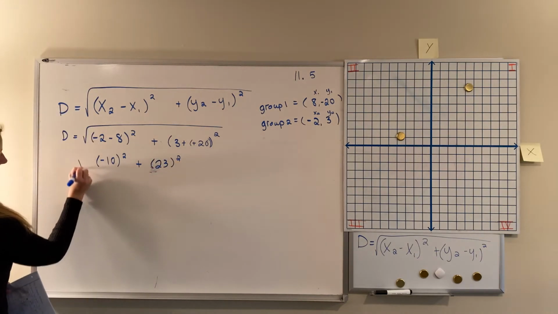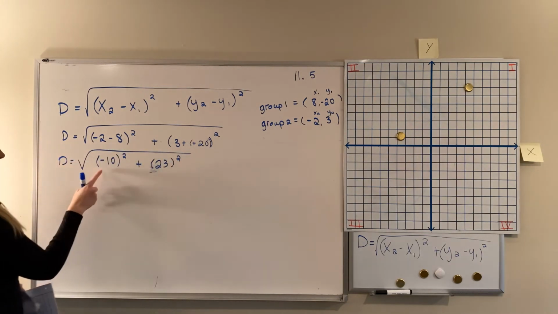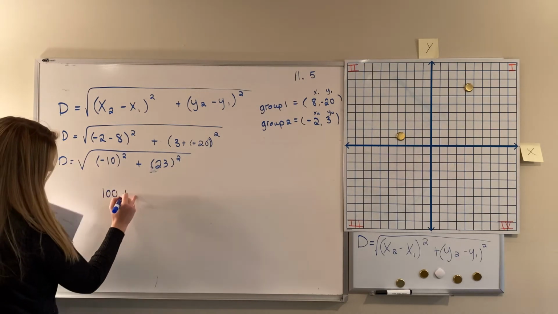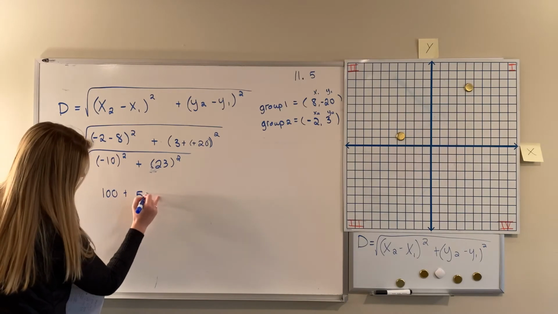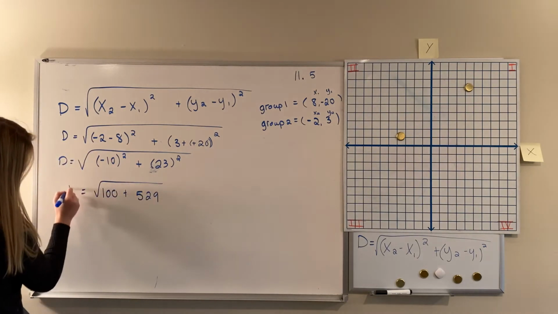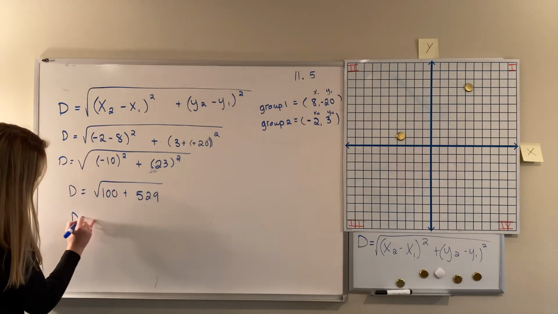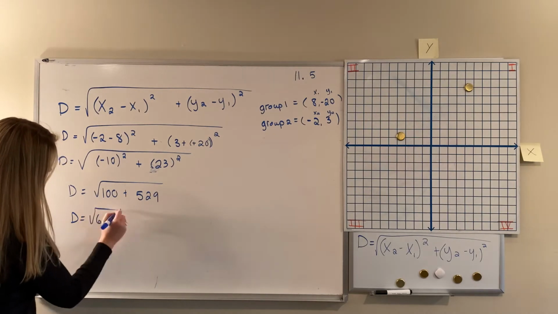All of this is still underneath our radical for distance. -10 squared is 100. Plus 23 squared is 529. That's equal to distance. Add the inside terms together. Distance is equal to 629, or the square root of it.